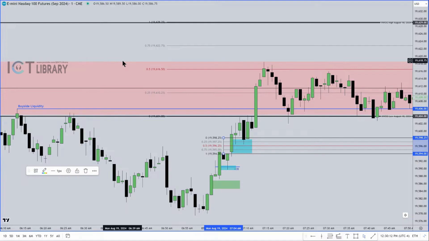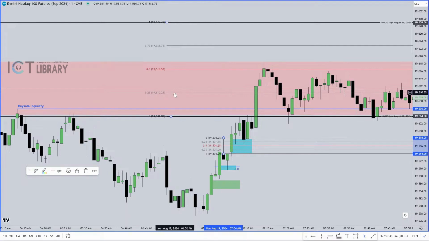Okay, so that's how you define it. But the midpoint of it is here. That would be consequent encroachment. But because I want to have the lowest threshold exit, yeah, it could trade there. But what's before that? The lower quadrant level right there. So to get to this price, it's going to have to break what?